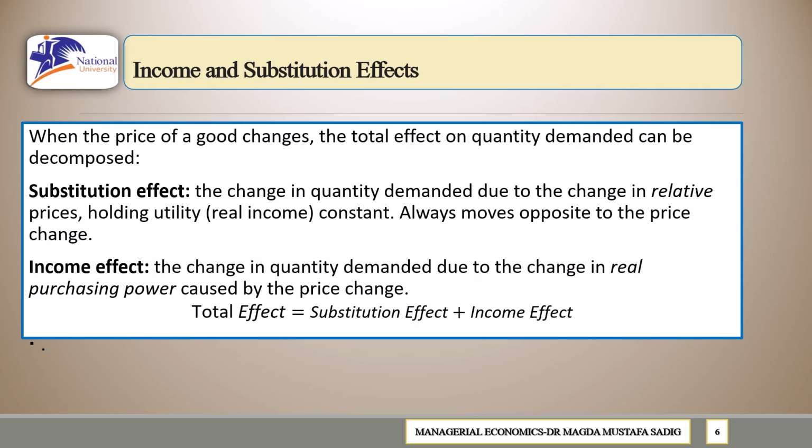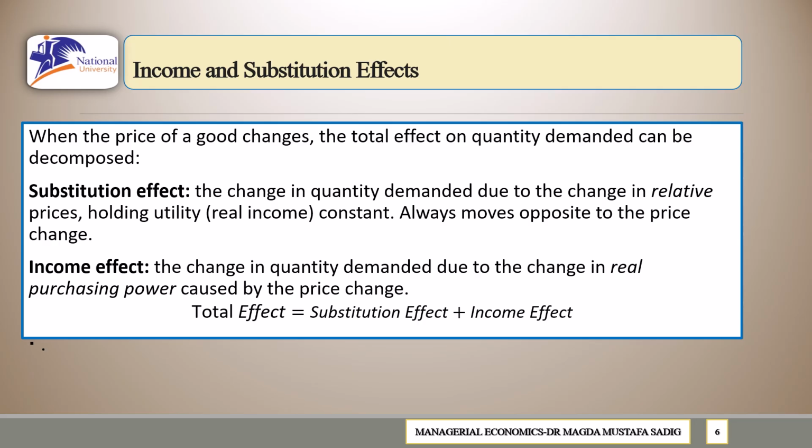Income and substitution effects. Suppose the price of coffee falls. Why does demand increase? Economists divide the total effect into two parts. Substitution effect. Since coffee becomes cheaper, consumers substitute coffee for tea.